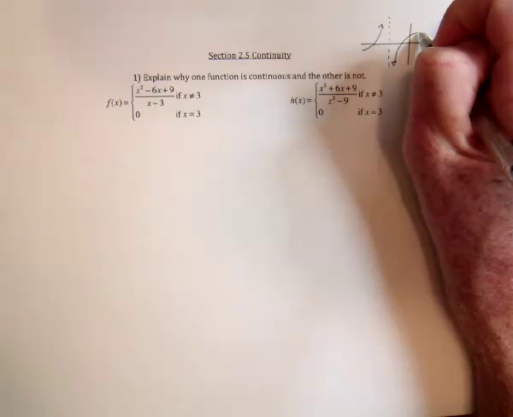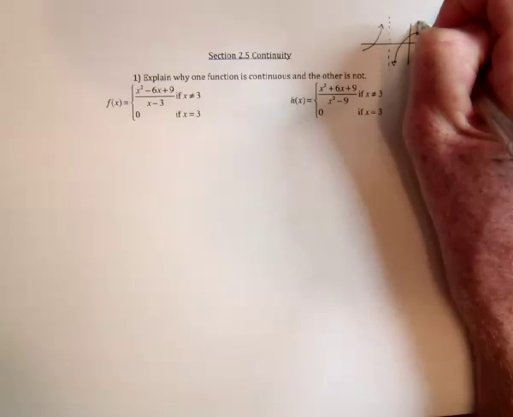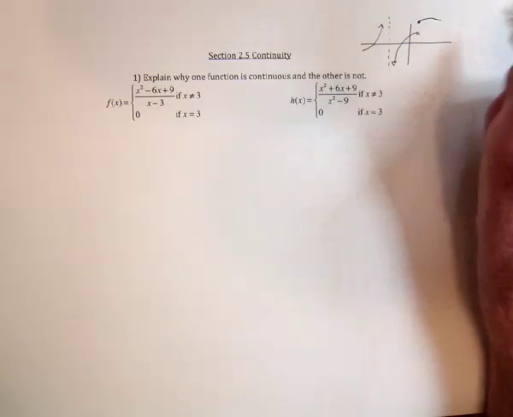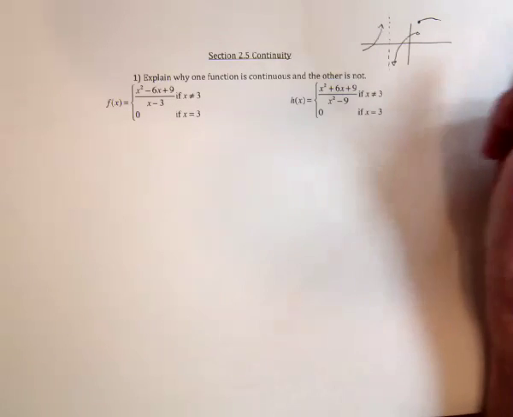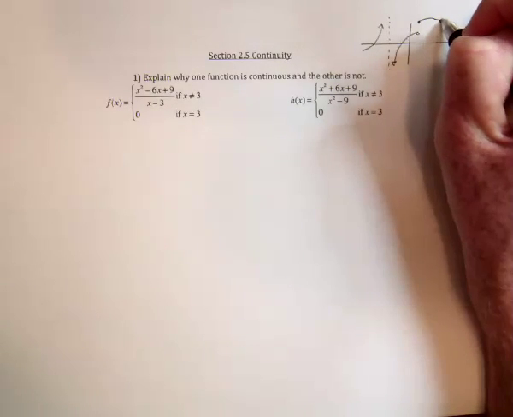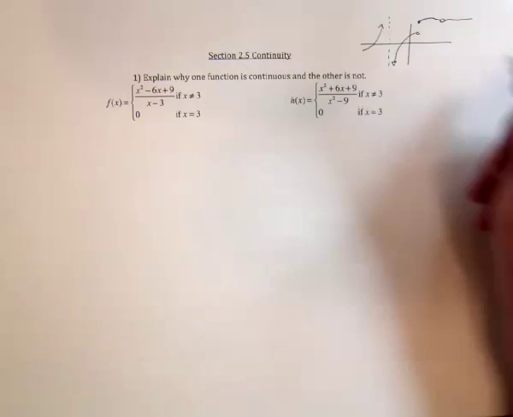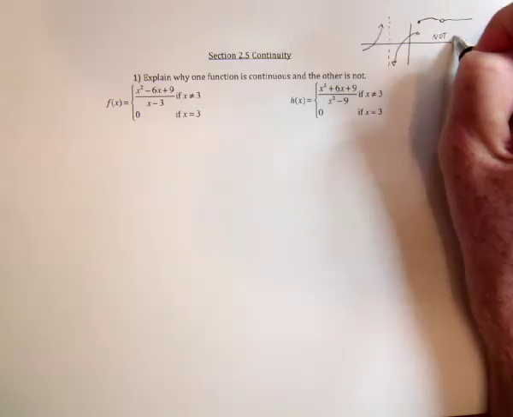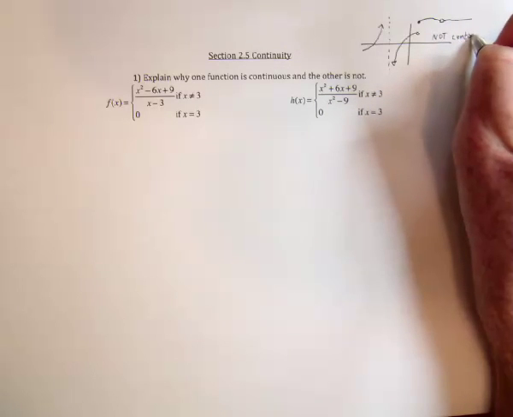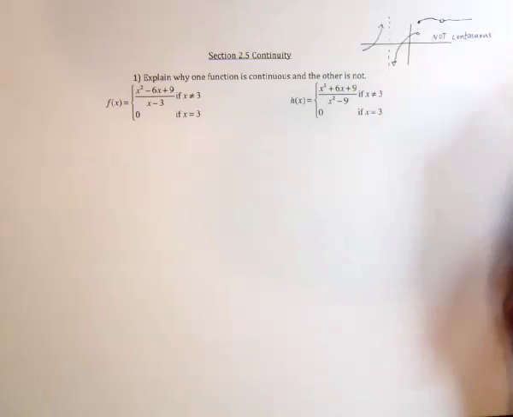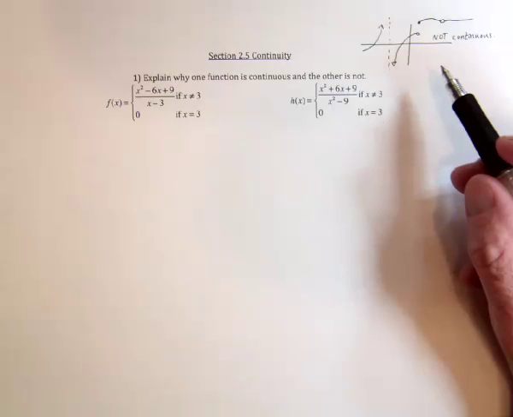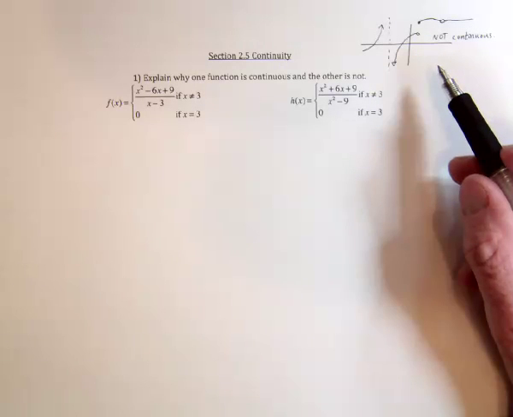If there was some type of jump in the function, that's not continuous. And if there was some hole in the function, that's also not continuous. And so one of these has one of these problems and the other one does not.